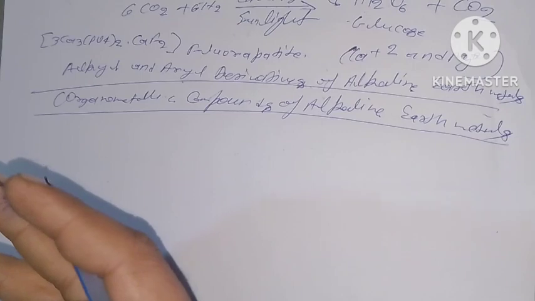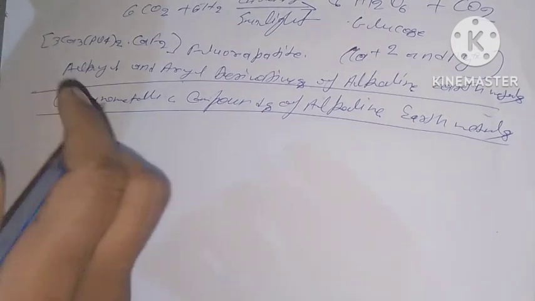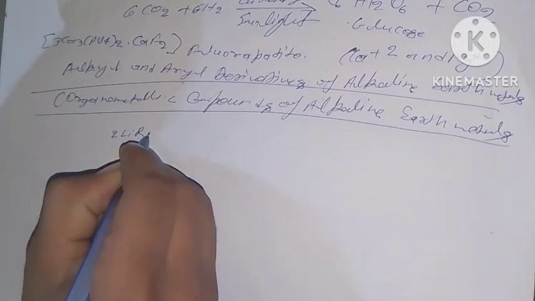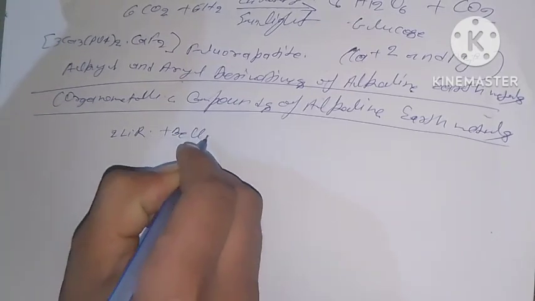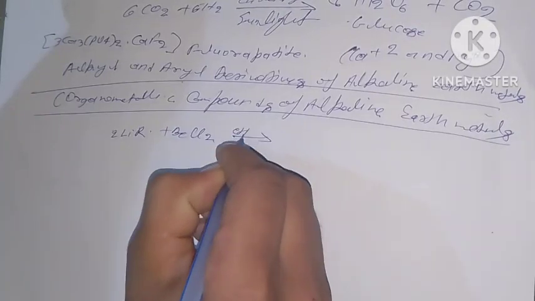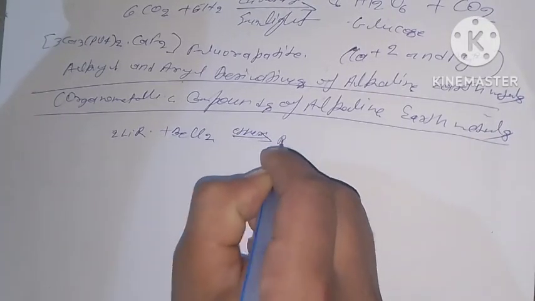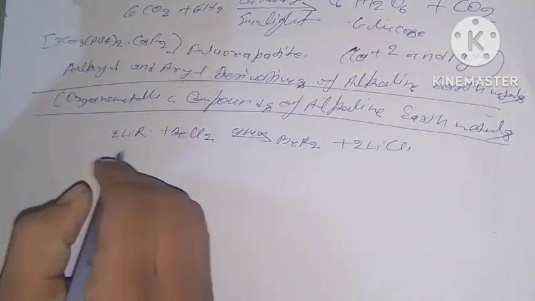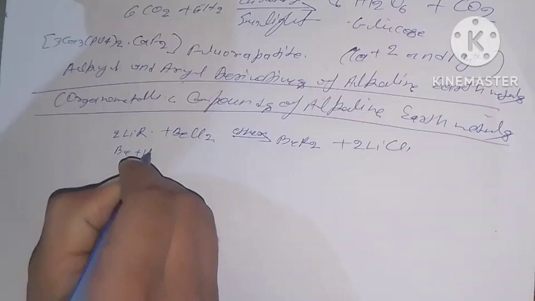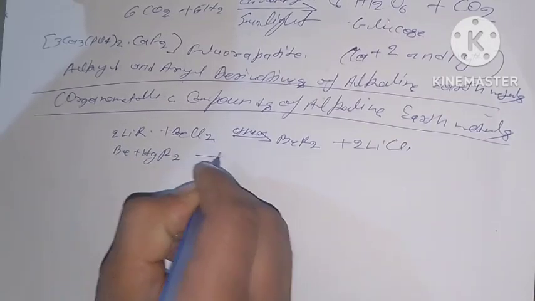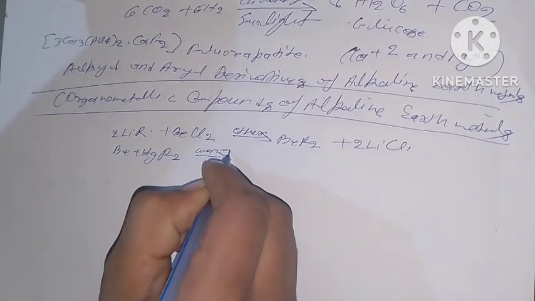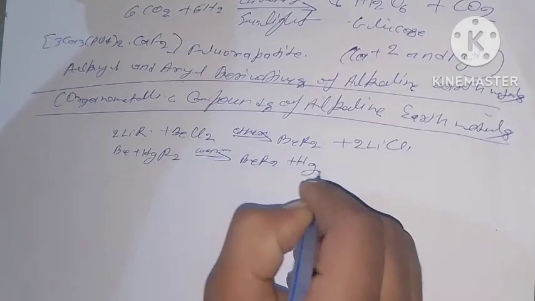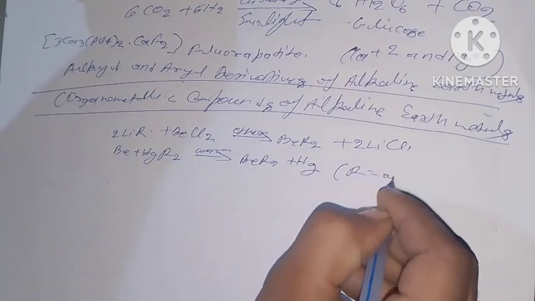The dialkyl beryllium compounds can be prepared as follows: 2LiR plus beryllium chloride, BeCl2, in ether gives BeR2, beryllium alkyl, plus 2LiCl, lithium chloride. Also, beryllium plus HgR2, when warmed, gives BeR2 plus Hg, where R is an alkyl group.